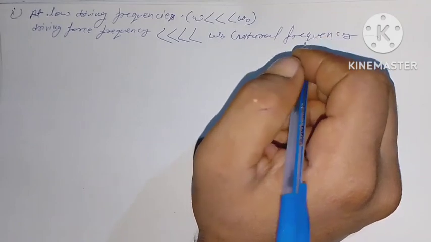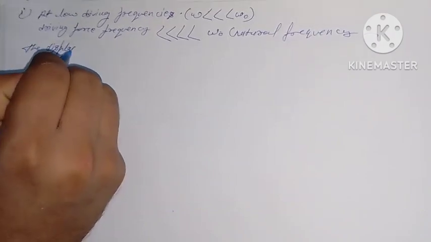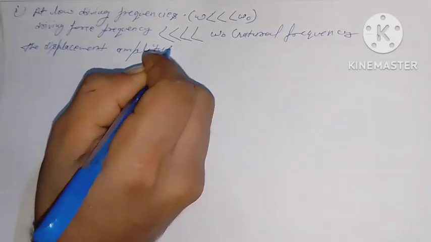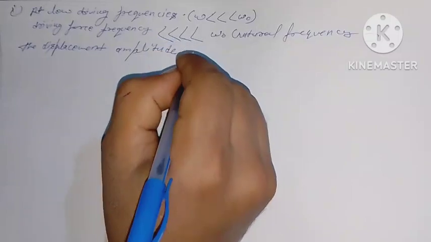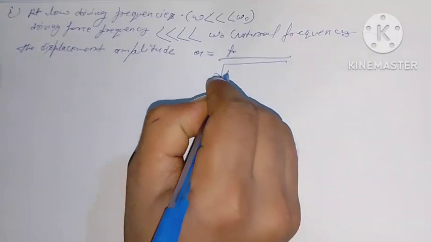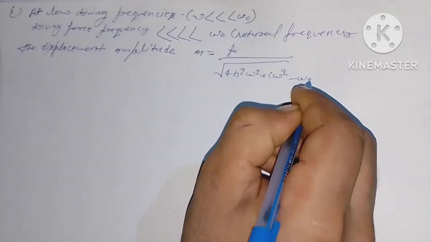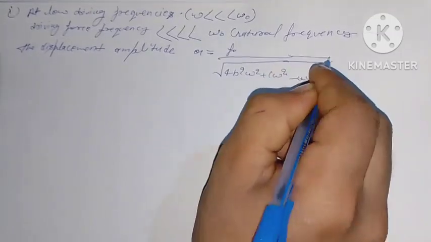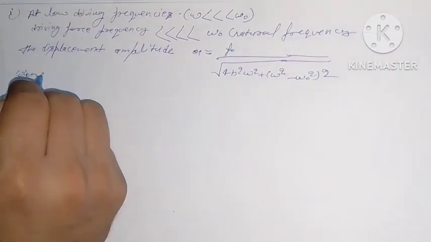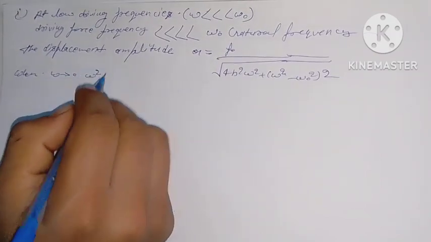The displacement amplitude A equals f naught upon the square root of 4b square omega square plus (omega square minus omega naught square) whole square. When omega tends to 0, then omega square can be neglected.